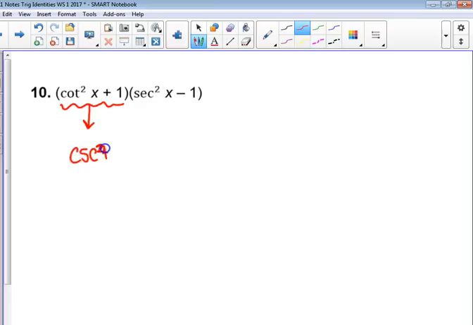That's a squared. Okay, what is secant squared minus 1? Okay, now what? Which would be?